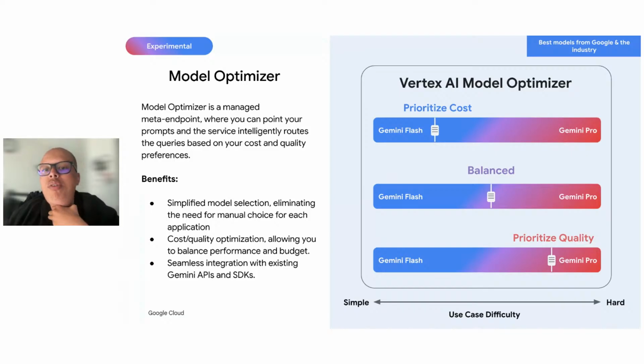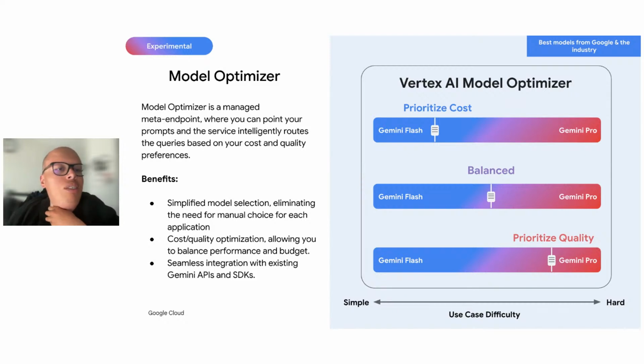So if you want to prioritize the cost, it is going to be leaning towards Gemini Flash. If you want a balanced cost quality trade-off, then that is going to be in the middle. And if you prioritize quality, it's going to lean toward Gemini Pro.